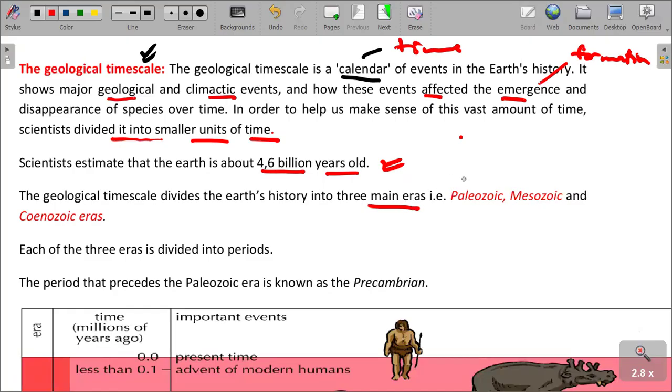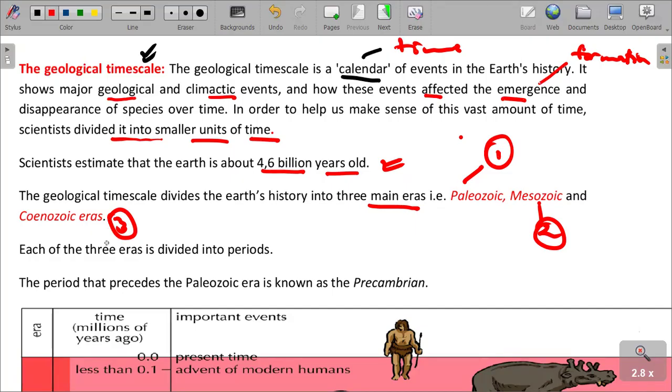They are the Paleozoic, the Mesozoic, and the Cenozoic. These are the three geological timescales into which the Earth's history is divided. We're going to look into them.